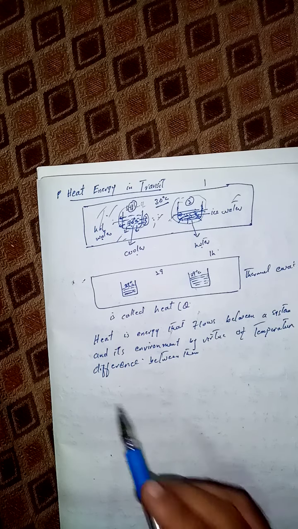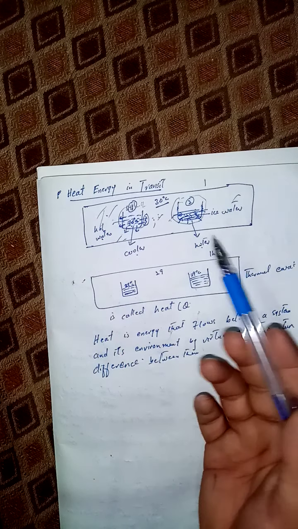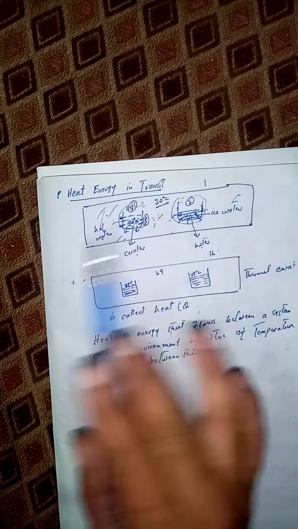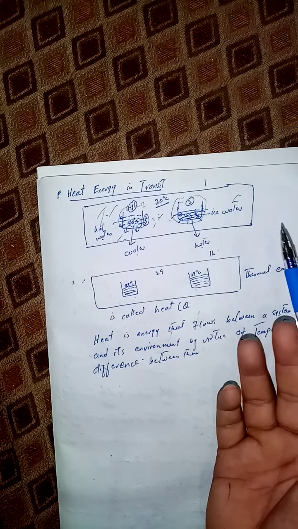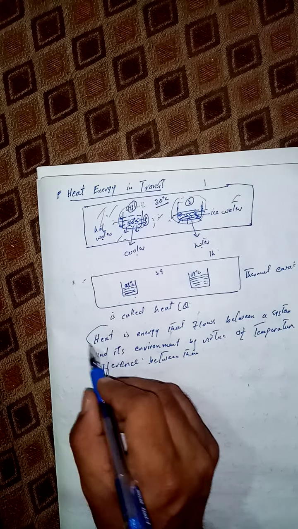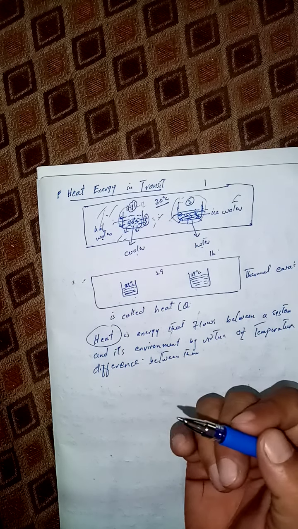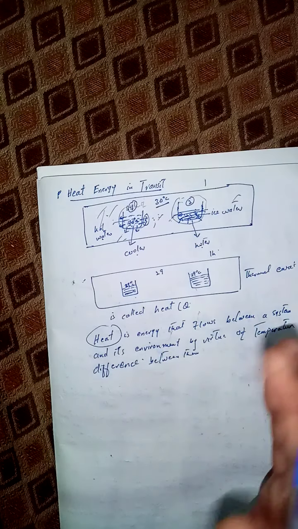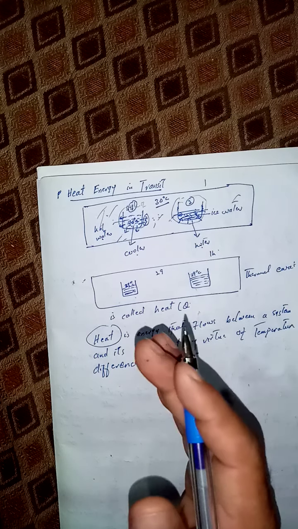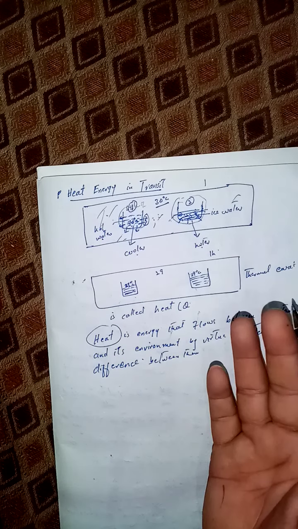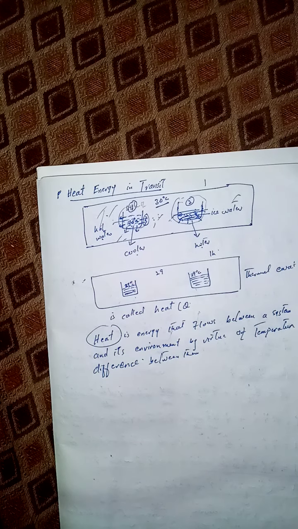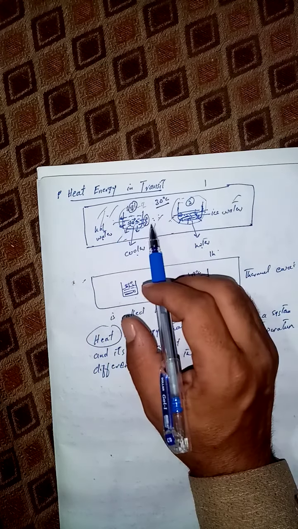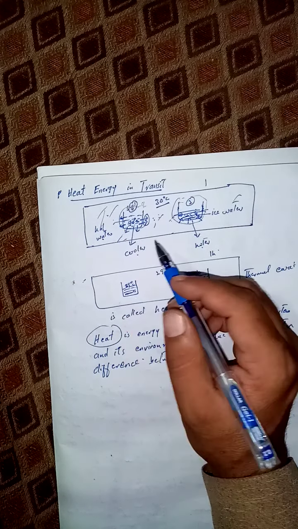So it means that something transferred from system to environment or from environment to system due to temperature difference, and that thing we call heat. Heat is basically energy transfer from one system to another due to temperature difference, and the systems are in thermal equilibrium once the components of the whole system approach the same temperature.